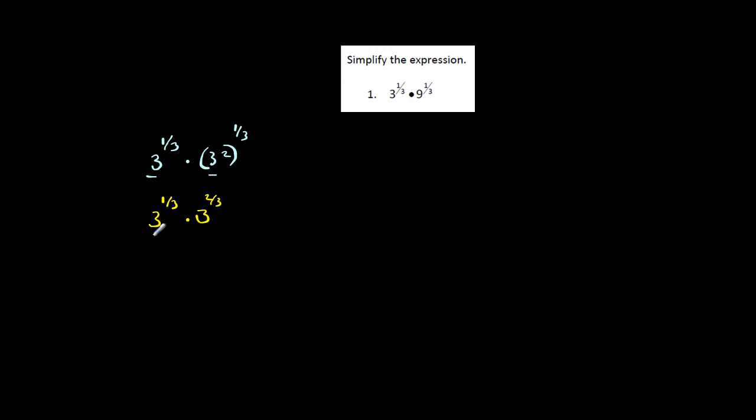Now when you multiply with the same base, you add the exponents. So you're going to have 3 to the 1/3 plus 2/3. 1/3 plus 2/3 is 1, and 3 to the 1 is 3. And that's your answer.